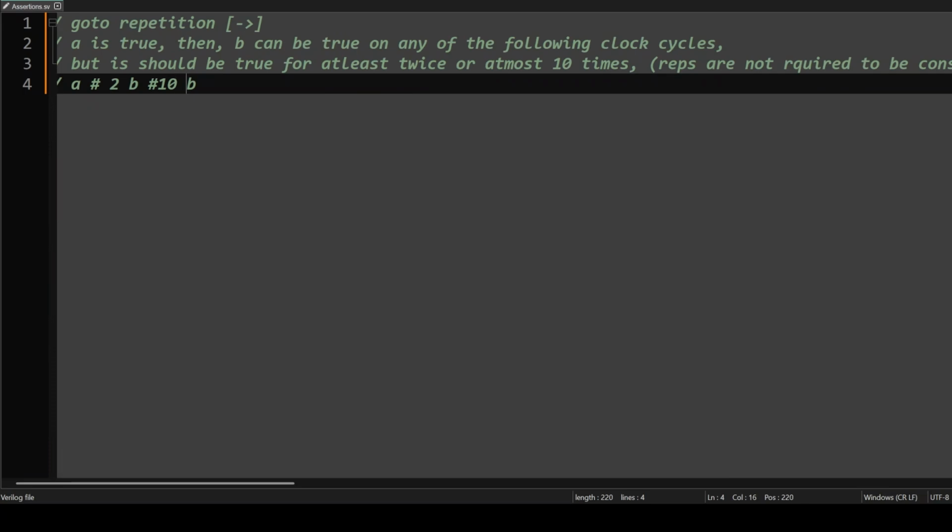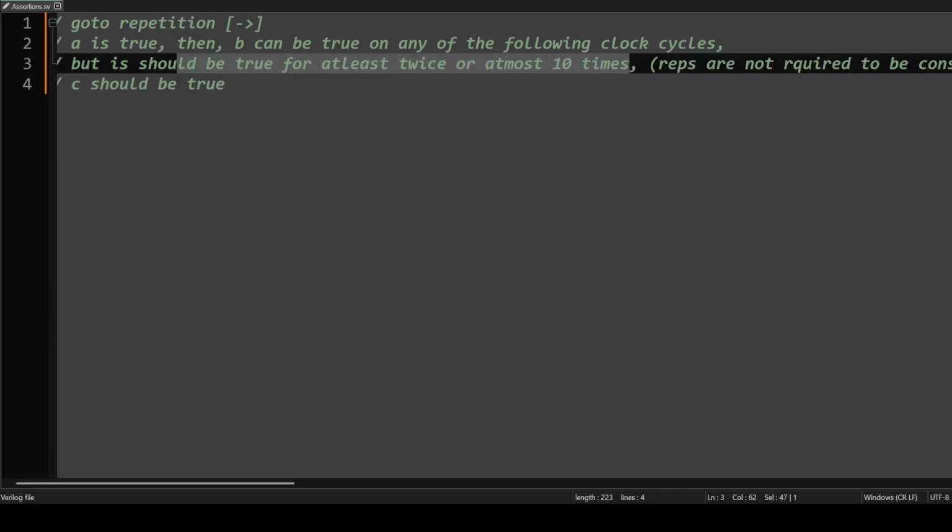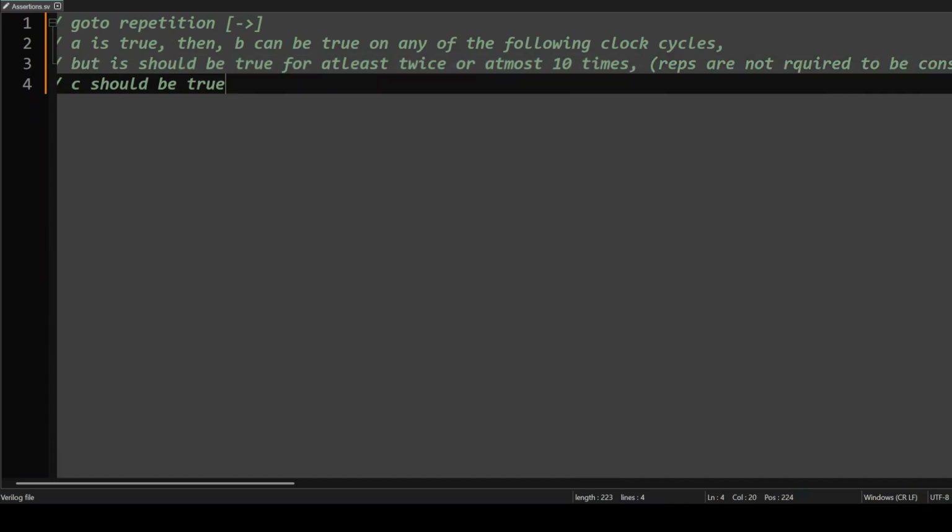So this is the pattern. After that, C should be true. So when the condition of B is detected as true, then C should be true right on the next clock cycle.